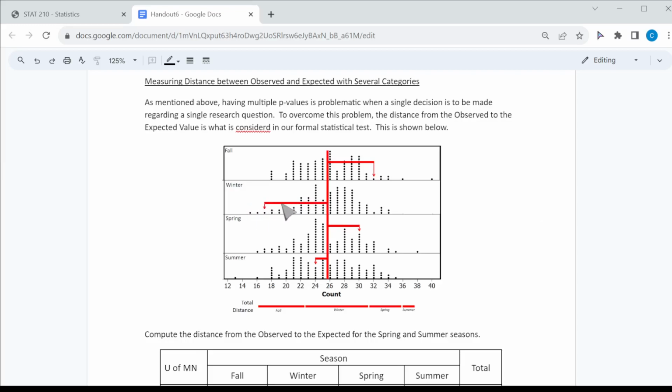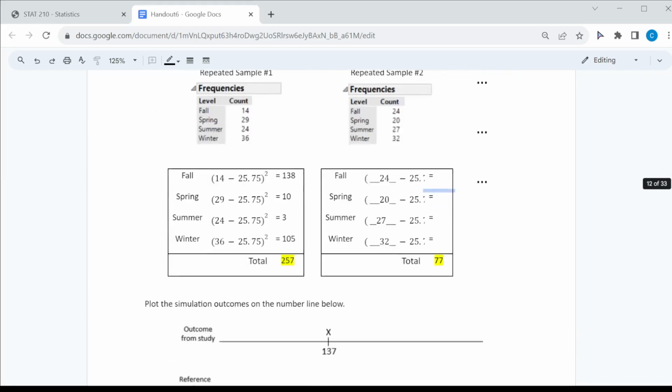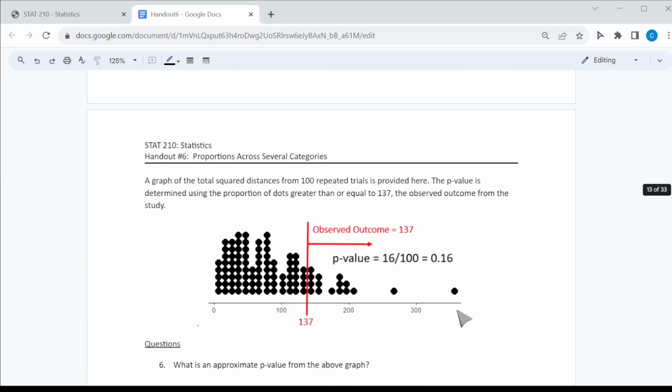It's 8.75 or whatever away. But in my process of collapsing the data, I took that negative 8.75 and I squared it. That's going to make it a very large number. The lower side on this is 0. 0 means you're very, very close to the expected across all the categories.